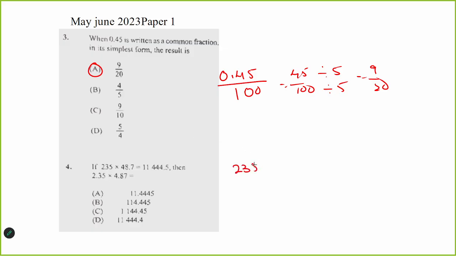So 235 multiplied by 487 would be 114445, right? But because it is 48.7 and there's only one digit after the decimal point, that's why it shifts back one. But this one we shifted 1, 2, 3, 4. The answer is 11.4445, which is E.